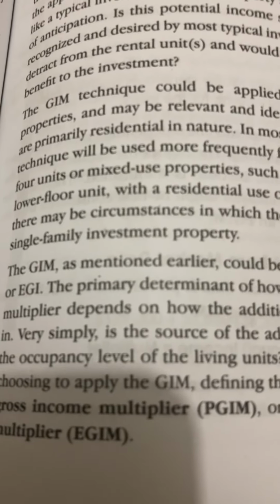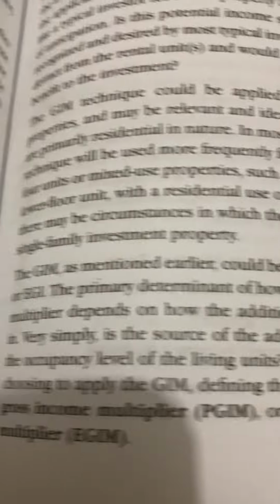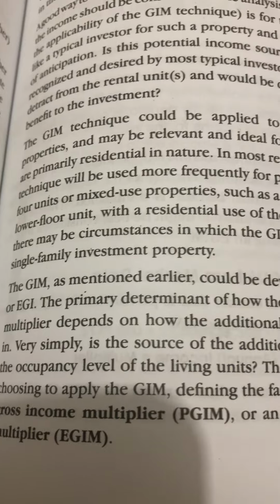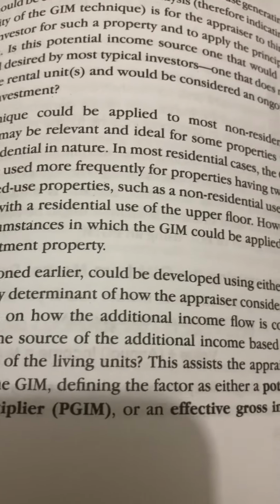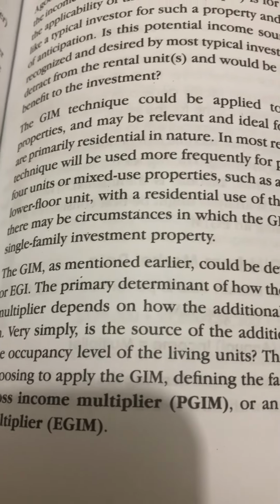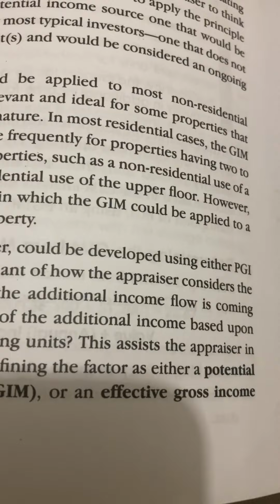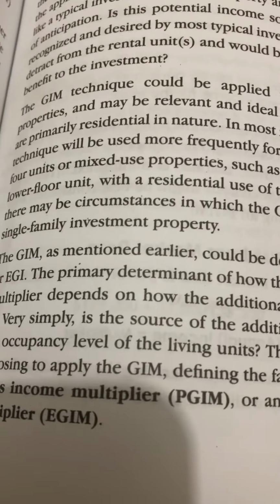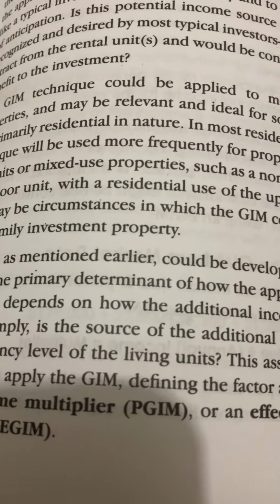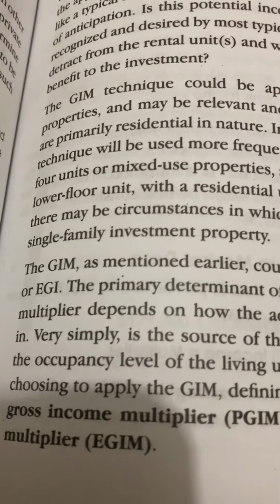Very simply, is the source of the additional income based upon the occupancy level of the living units? This assists the appraiser in choosing to apply the GIM, defining the factor as either a potential gross income multiplier, PGIM, or an effective gross income multiplier, EGIM.